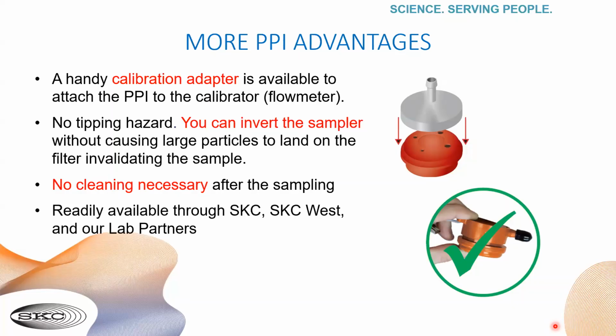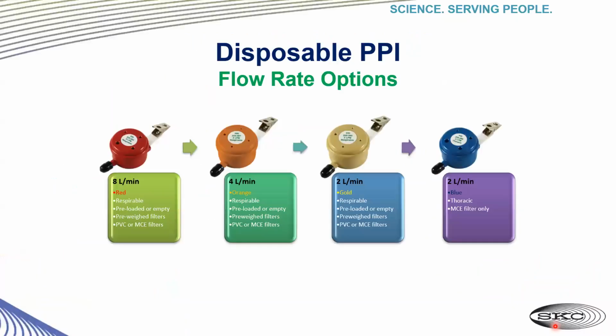We truly had all of your productivity and efficiency in mind with this product design. For the disposable models, you can see here that we offer the 8 liter per minute, 4 liter per minute, and 2 liter per minute models for respirable sampling. And we also offer the thoracic sampler at 2 liters per minute.